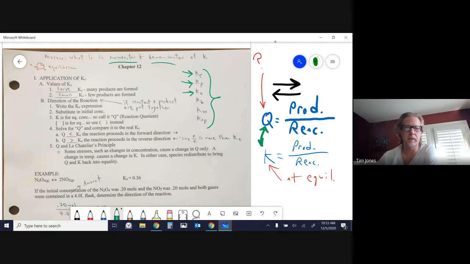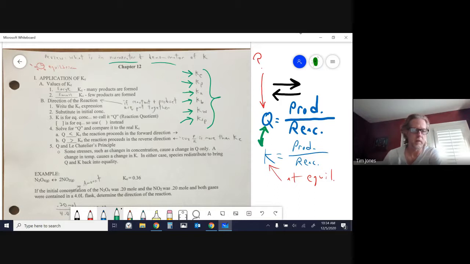Ka would be acids, Kb would be bases, Kw would be for water. And yes, water gets its own equilibrium constant because it's so important, which we'll talk about a lot more when we get to acids and bases. And Ksp stands for solubility product, and that has to do with when you're making solutions. And it allows us to calculate where a solution will be saturated and things that will happen based on that.